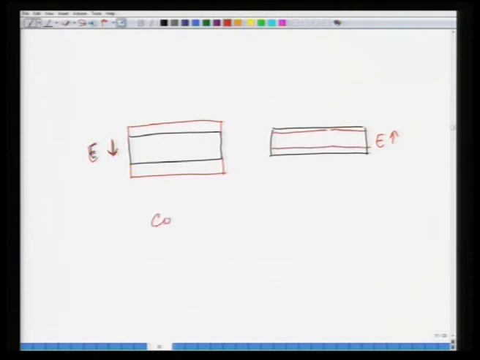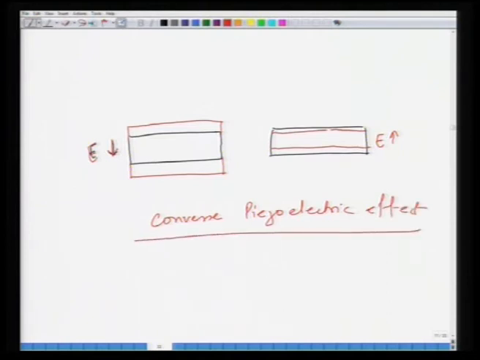So, this is what is the converse piezoelectric effect. So, these are the two effects which are of importance from the point of view of fundamental understanding.